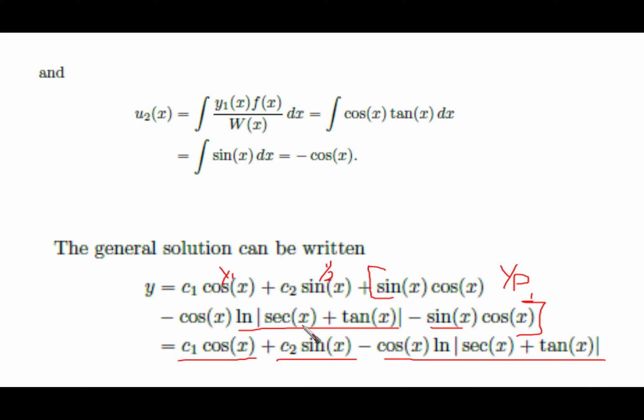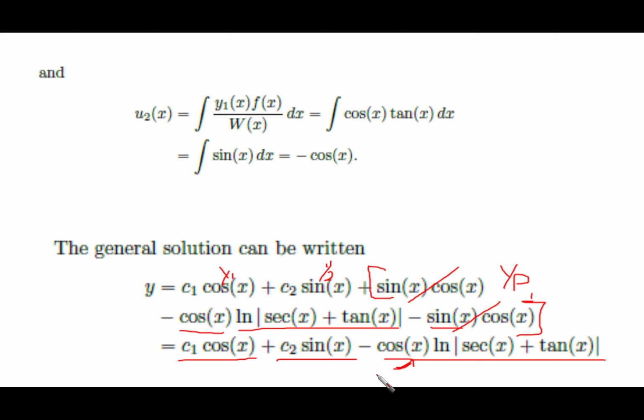Take care that we have this ln sec x plus tan x, and we have sine cosine here, and we have cosine here, and we have sine cosine here. So this one I think cancels this, and then we are going to end up with minus cosine x ln sec x plus tan x, which is already here. I hope that you ended up with the same solution for the general solution of the non-homogeneous equation.